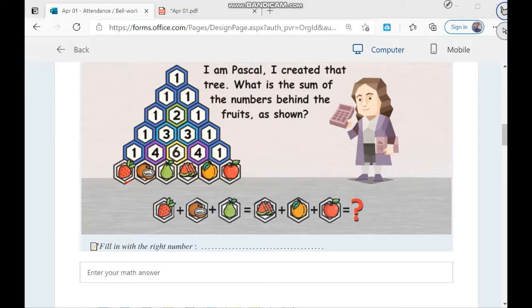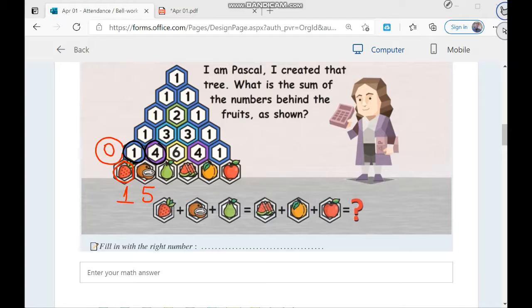Let's say, to find the number behind the strawberry, we add the two numbers on the top. One is 0, another one is 1. So it's gonna be 1. To find the number behind the coconuts, we add the two numbers on the top. It's 1 and 4. So 1 plus 4, 5.